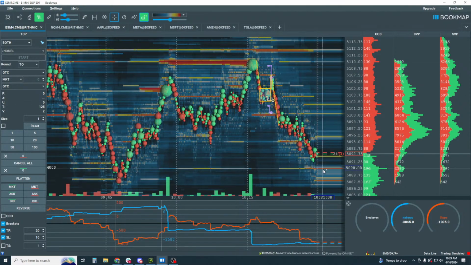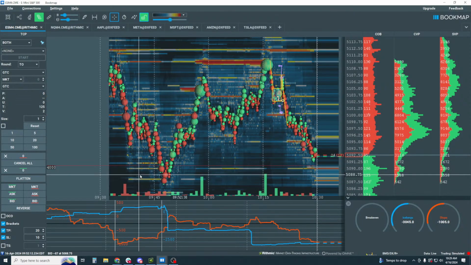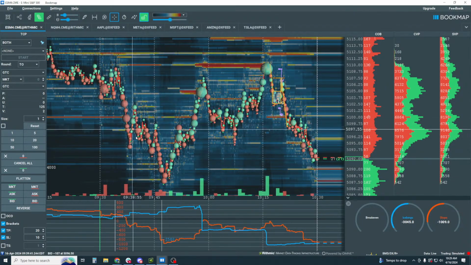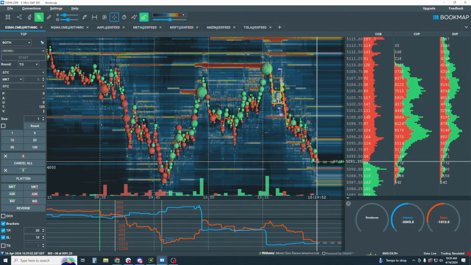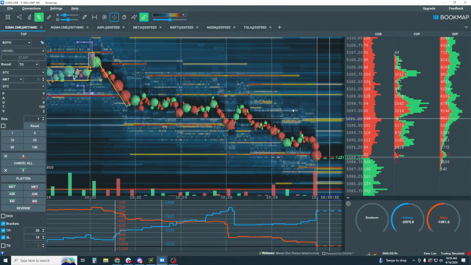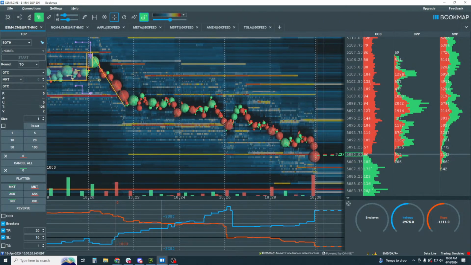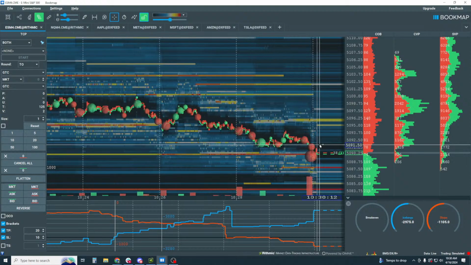But I do not see a lot of selling in here. The selling just after 9:30 is a lot more than the selling in here right now. That's a lot of selling there. That's going to be a stop run. Not much.